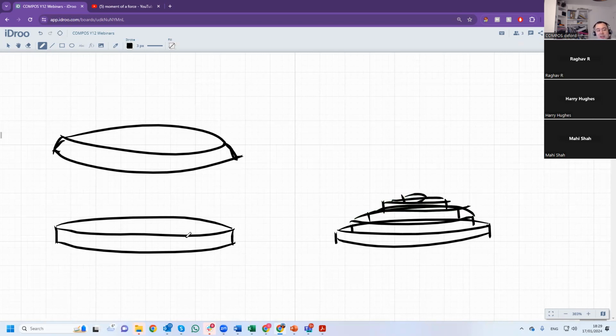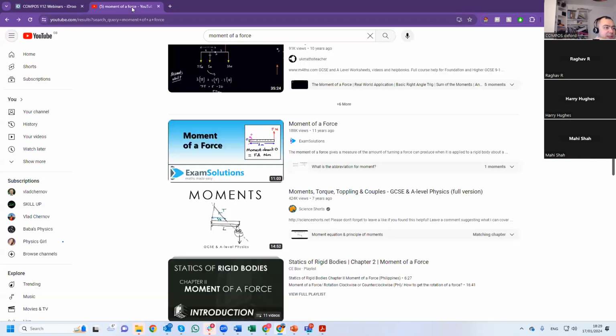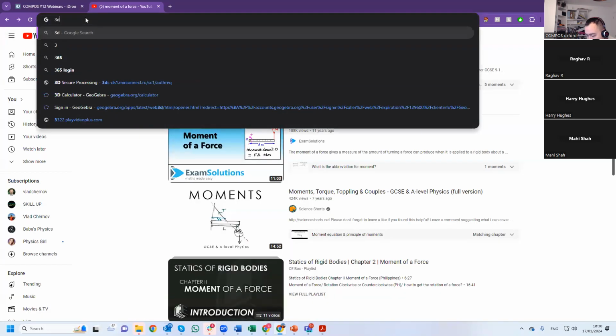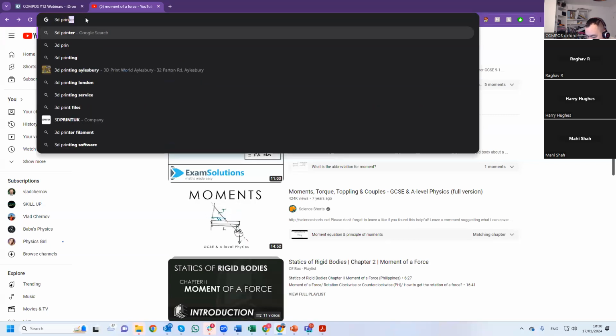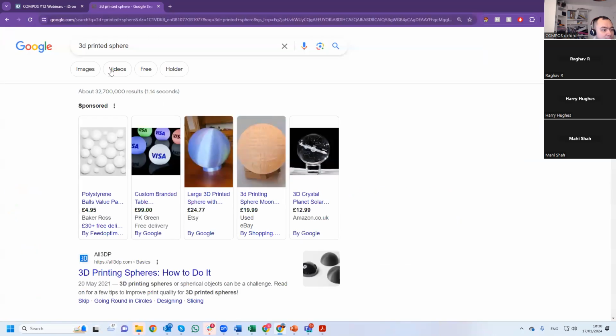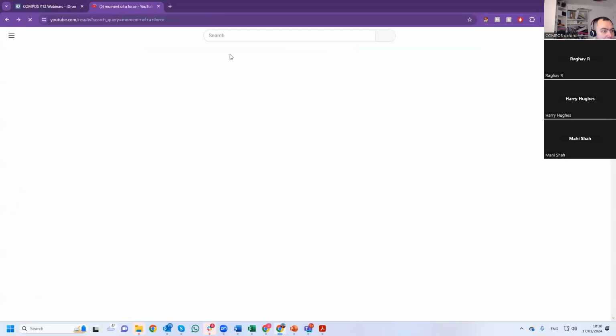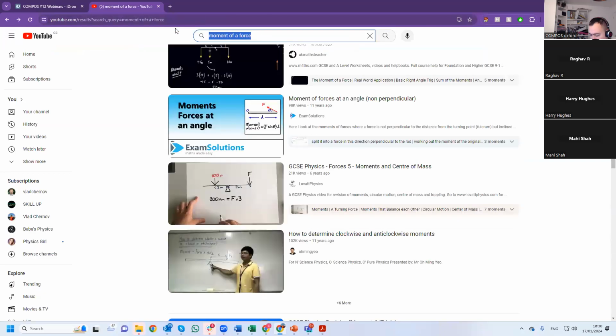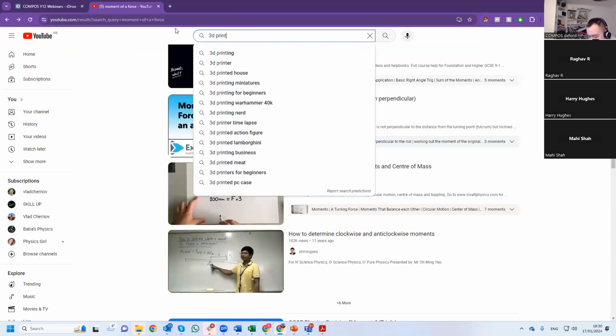If you take many cylinders of different radius, you can make them into a sphere, right? Just like a 3D printed sphere.